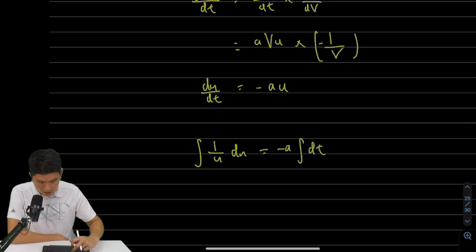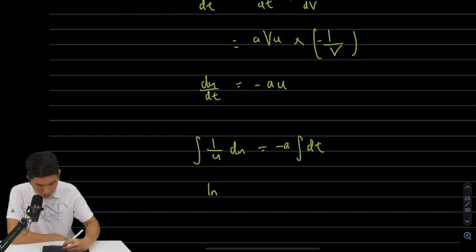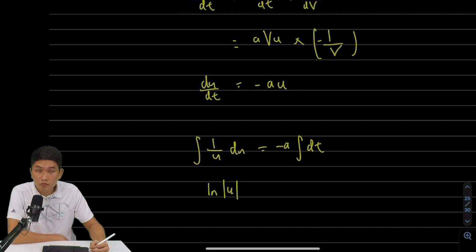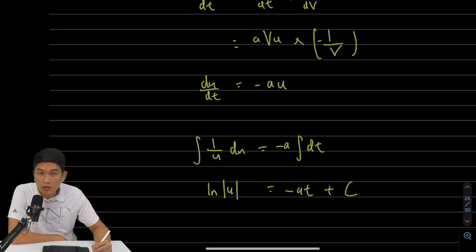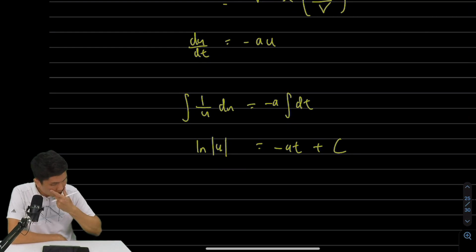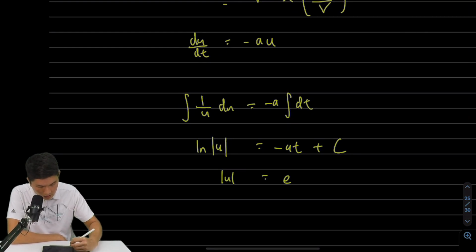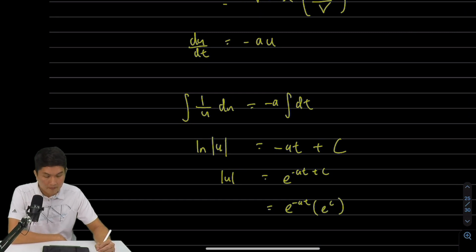Okay, so integrating both sides, I get natural log modulus u equals negative at plus my constant of integration. Okay, then to make u the subject of the formula, I'm going to take e to the power of negative at plus c, which can be written as e to the negative at times e to the c.